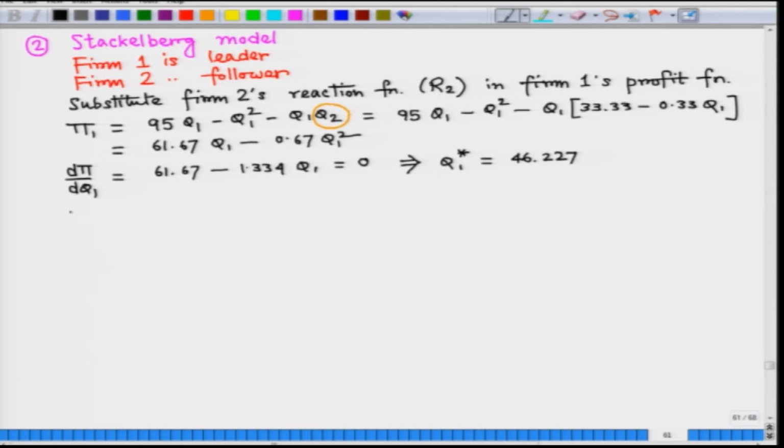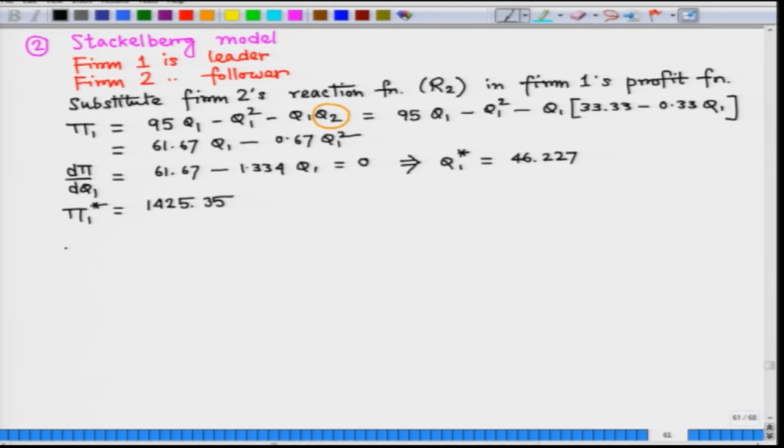So, now if I plug back that value of Q1, I get the maximized profit, which is coming out to be around this. Okay. So, now we know that firm 2 is a follower.